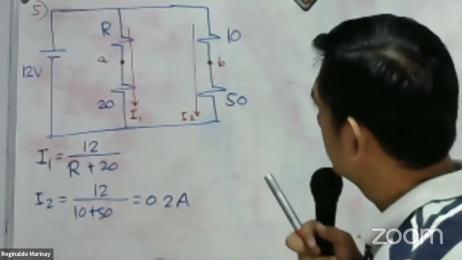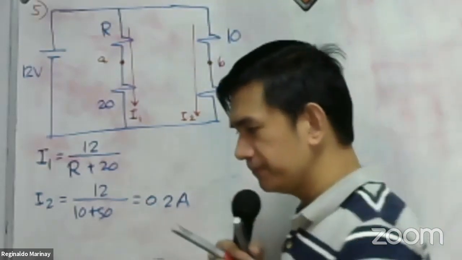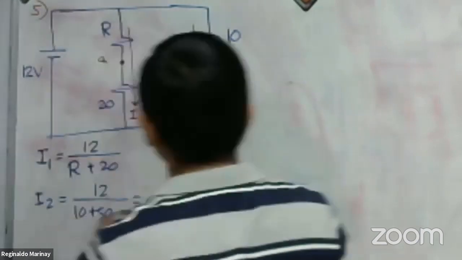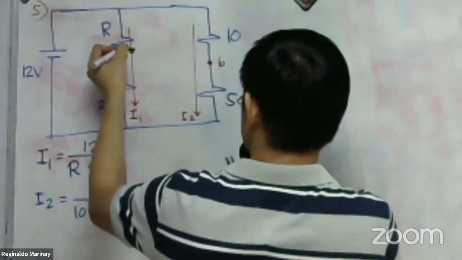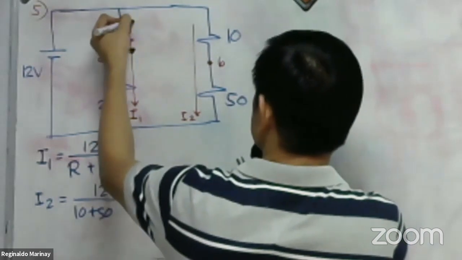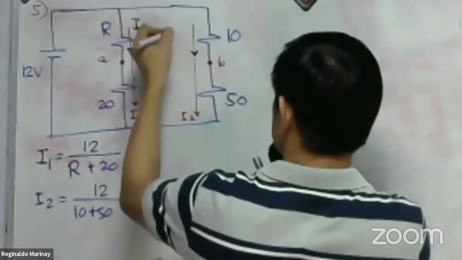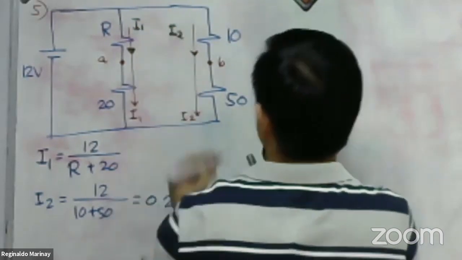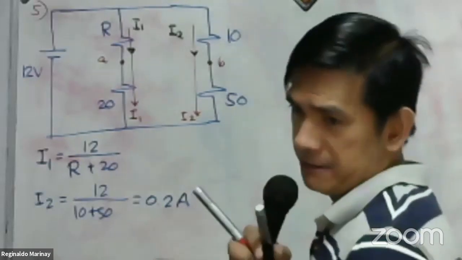Now, we have I1 and I2. Take a look here. This is I1. This is I2. Then I will bring back the voltmeter.